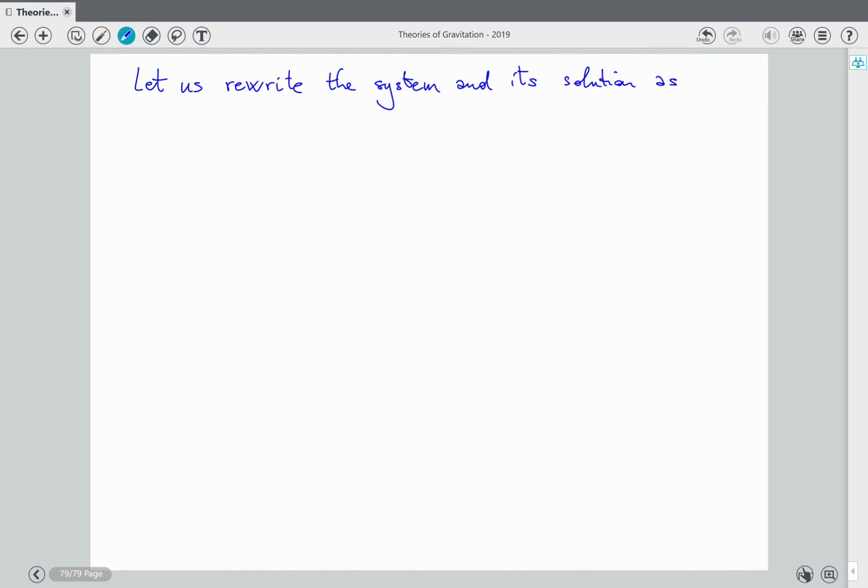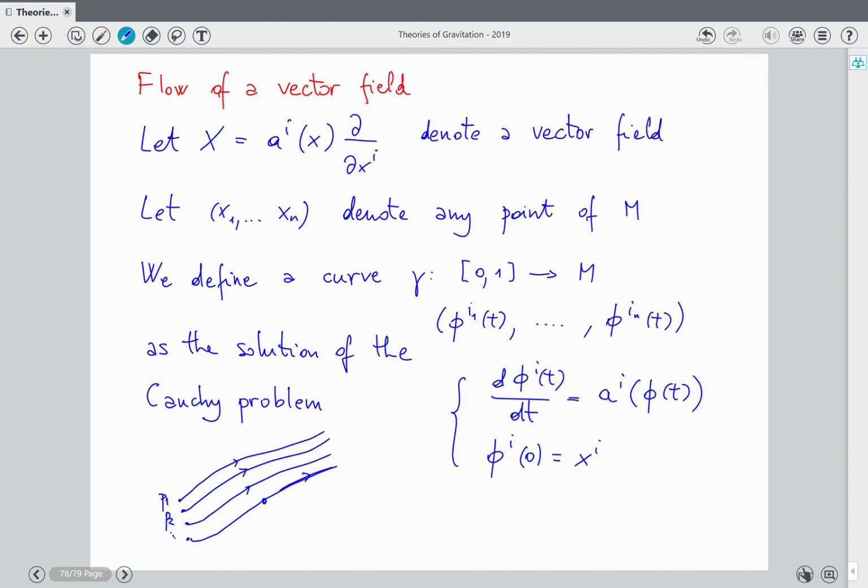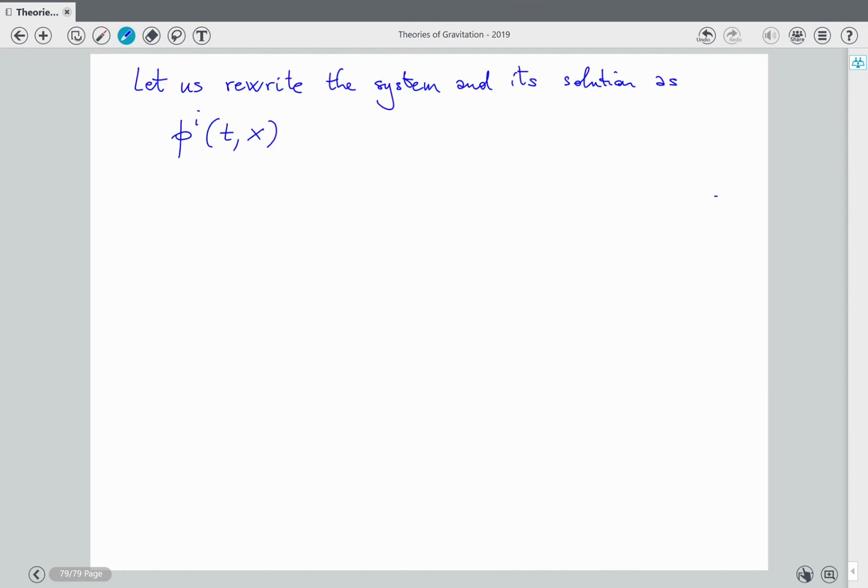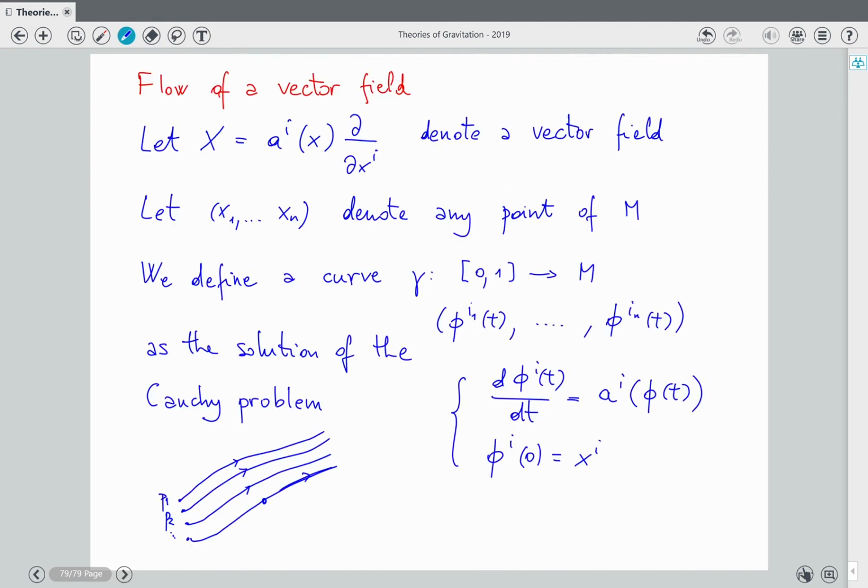So we want to write phi_i as a function of both t and the initial conditions. Then we rewrite the system as phi_i(t, x), where the initial condition at t equals 0 is x.